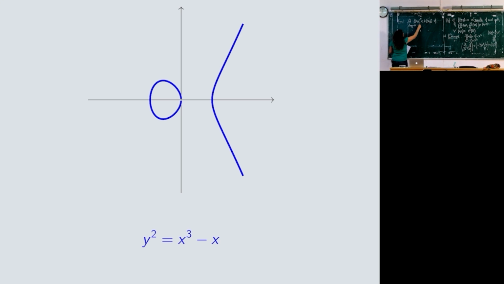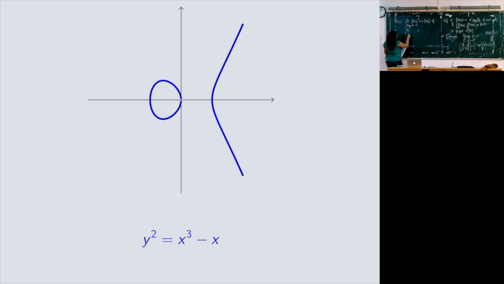So what you have to remember is that if the curve C defined by f of x, y equal to 0 is smooth, then there is an easy way to compute the genus.